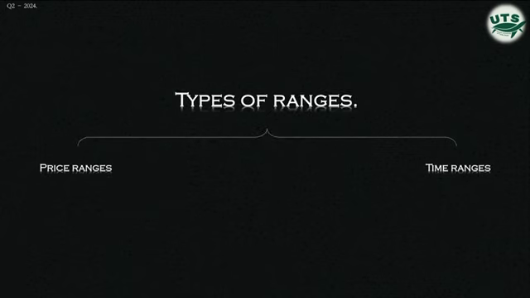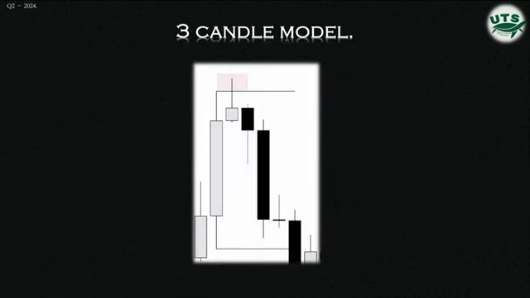Next up, we have the types of ranges. We have price ranges and we have time ranges. And this is where the 3-candle model comes in. What do you see?